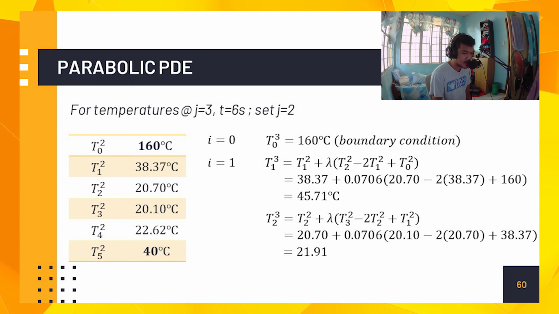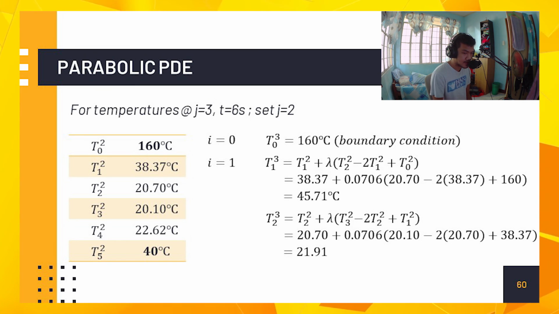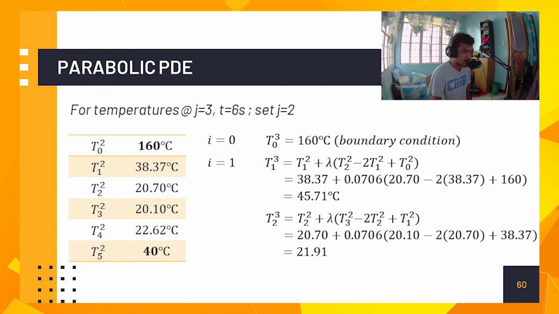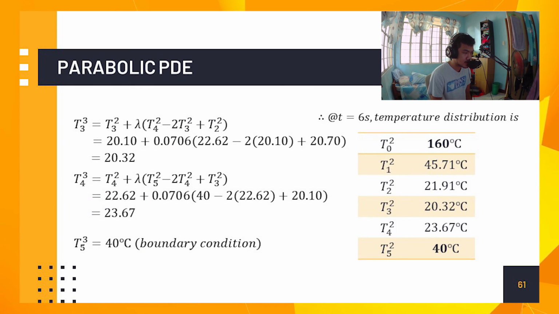20.70 plus 0.0706 times the quantity of 20.10 minus 2 times 20.70 plus 38.37, which is equal to 21.91. For T sub 3 raised to 3, it is equal to T sub 3 raised to 2 plus lambda times the quantity of T sub 4 raised to 2 minus 2 T sub 3 raised to 2 plus T sub 2 raised to 2.